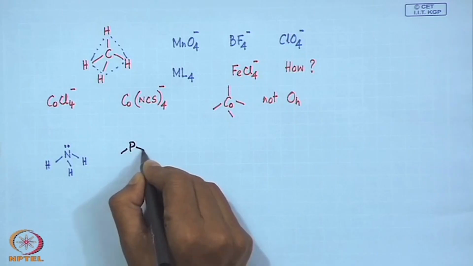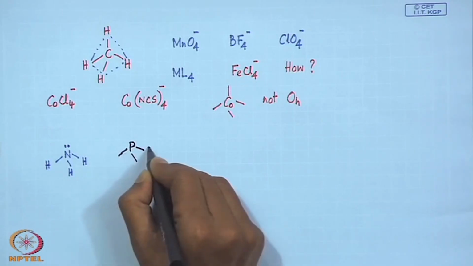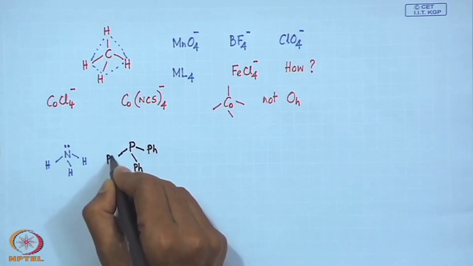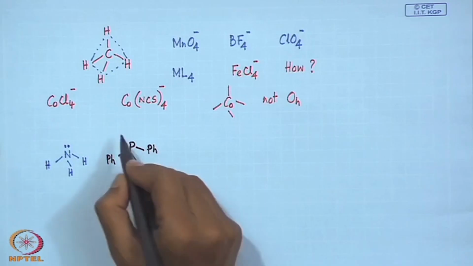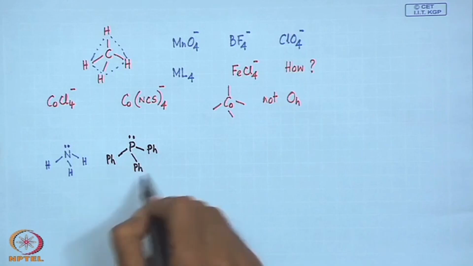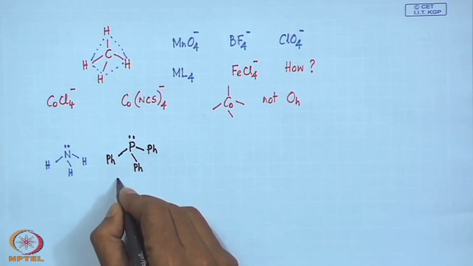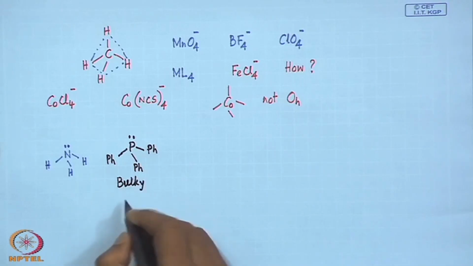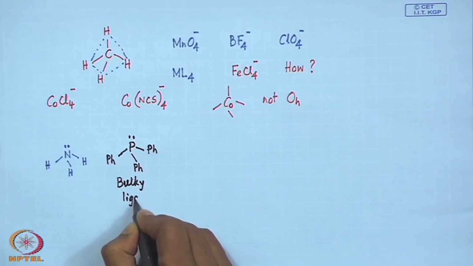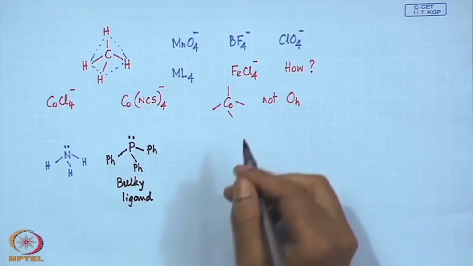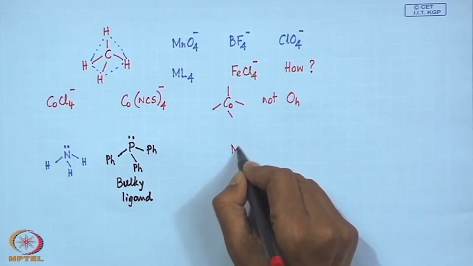Similarly, if we use the phosphine center with 3 bulky phenyl rings, these are bulky phenyl rings. So, it is a very bulky ligand, and this bulky ligand is very much useful when it is binding to the metal center.